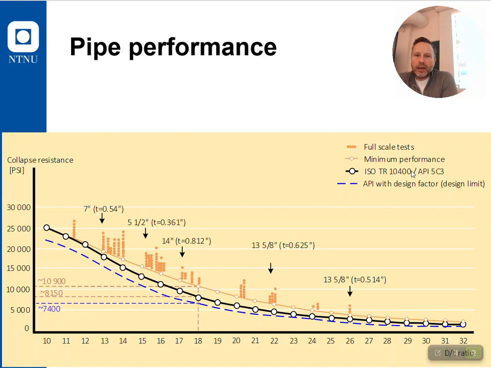And then the blue line is the design factor that you do. If you calculate and see the difference, you lose quite a significant portion of your collapse strength if you use the old type calculations, or call it the industry factor.